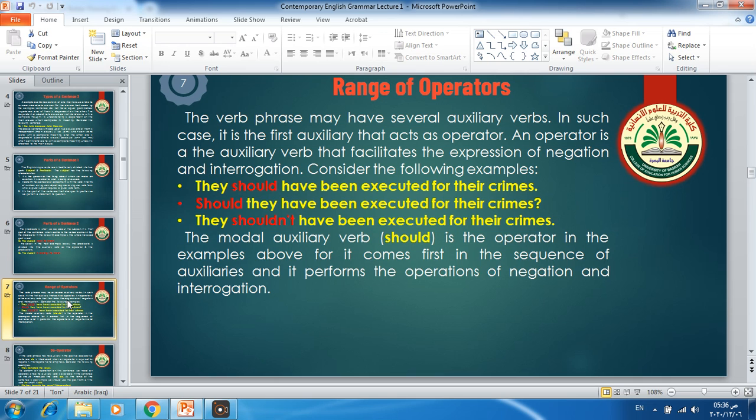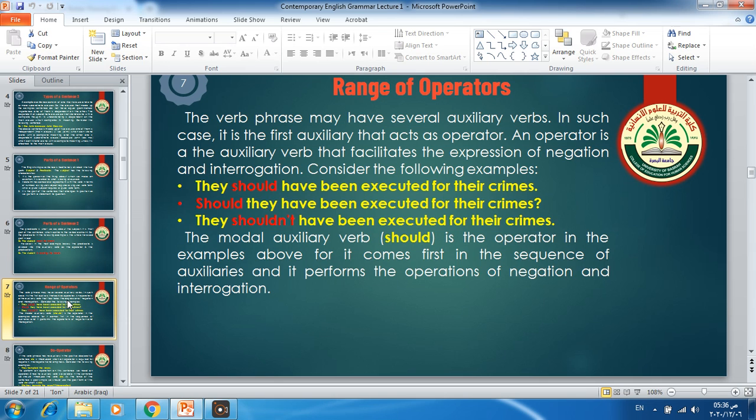Consider the following examples. They should have been executed for their crimes. So as you see in this sentence, we have a long string of auxiliary verbs. We have should, have, been, and the main verb executed.